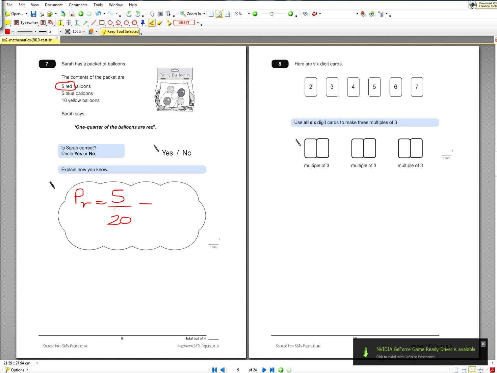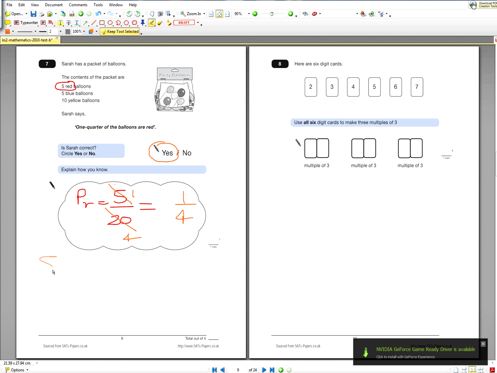So 1/4 of the balloons are red. So 5 over 20 equals. Now let's do a bit of cancelling. Who understands the idea of cancelling? Okay, Uzma. So we divide this one by 5 and divide the bottom by 5 as well. We divide by the highest common factor. So that gives you an answer of 1/4. So is the answer yes or no? Yes.